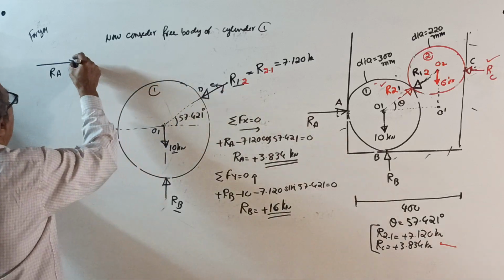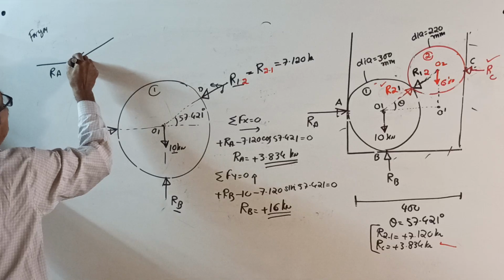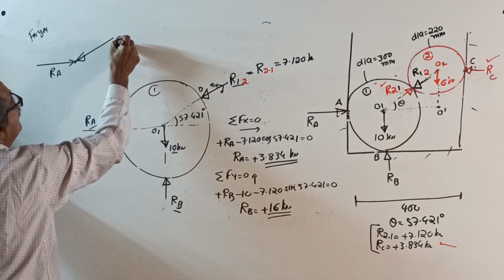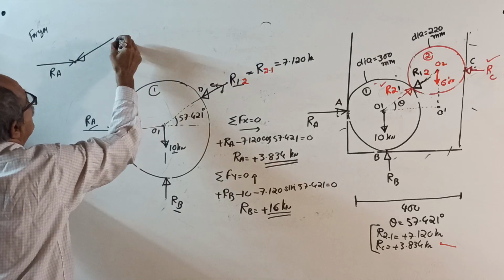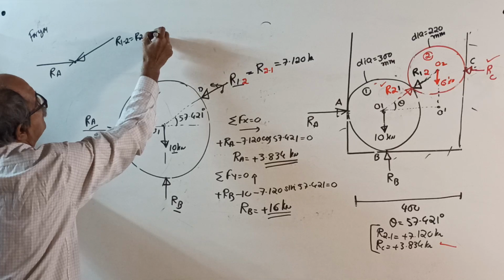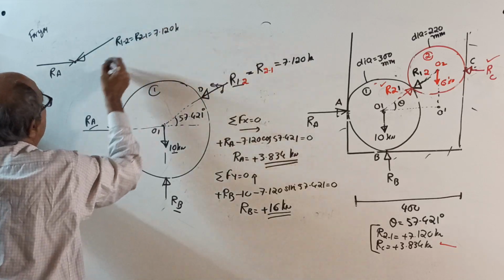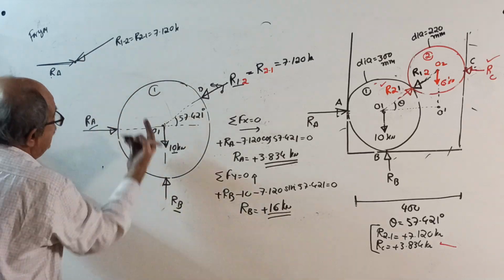and R21 this way. R12 equal to R21 equal to 7.120 kilonewton here, and this is incoming.